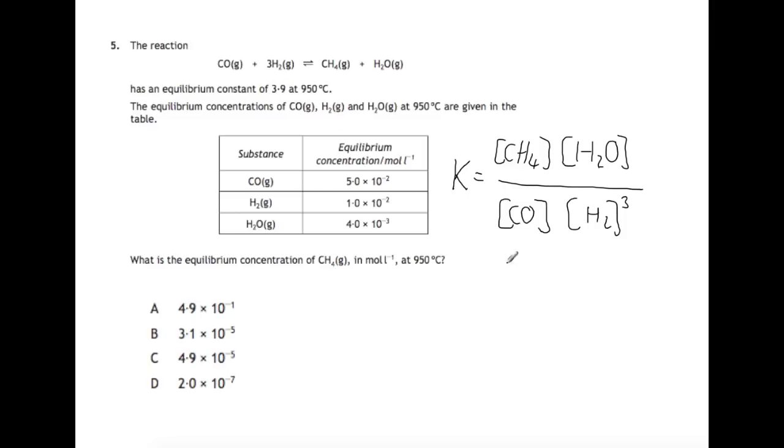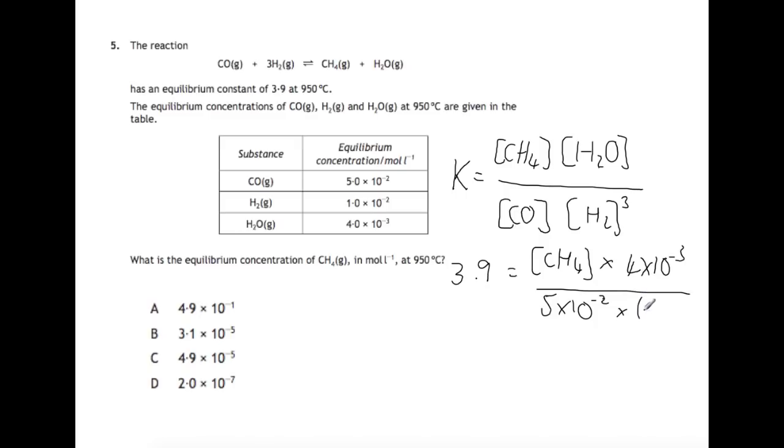Now you're given the value of K, which is 3.9, and then you simply have to substitute in the values from the table that you have here. So we're trying to work out the concentration of methane. You would then rearrange this for the concentration of methane.